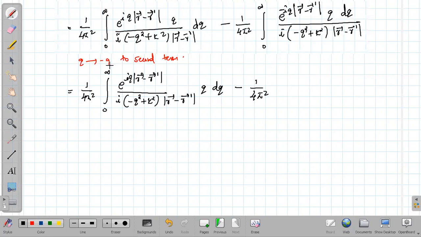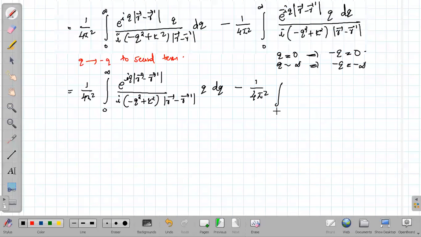And if you make q equal to 0, minus q is also 0, and q equal to infinity becomes minus q equal to minus infinity.